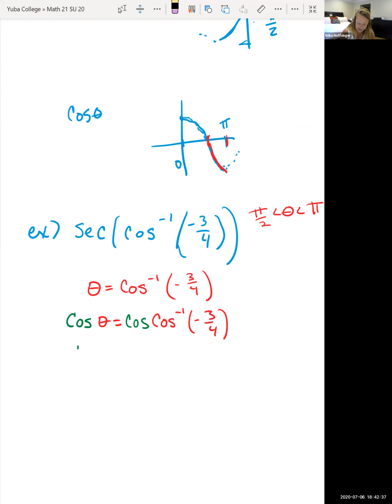So we know cosine theta then is equal to -3/4. So create your triangle. I'm not writing this the way it would look if I had put it up here; it'd be more like this.